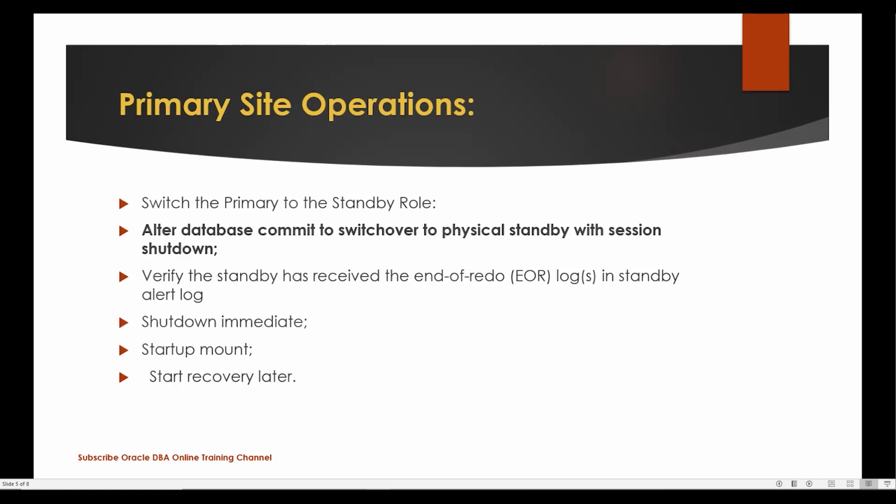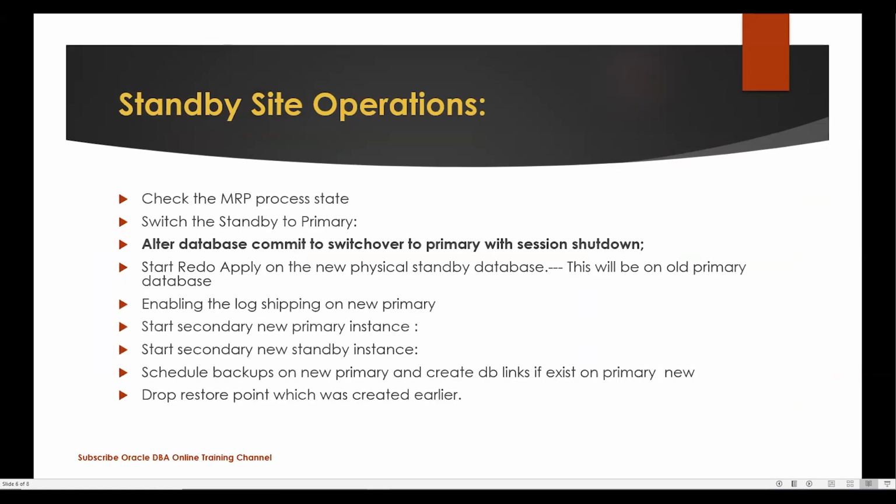And apart from that, on the secondary side also, we have to do similar changes. We need to make sure of the MRP process state, what the current process state is, and switch the standby to the primary using this command: alter database commit to switch over to primary with session shutdown.